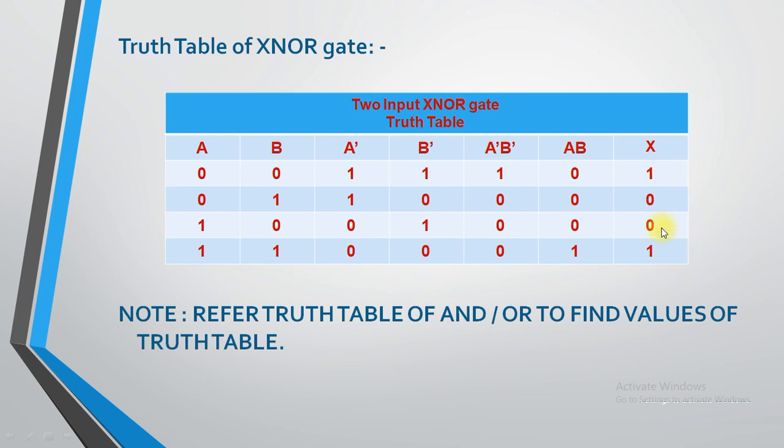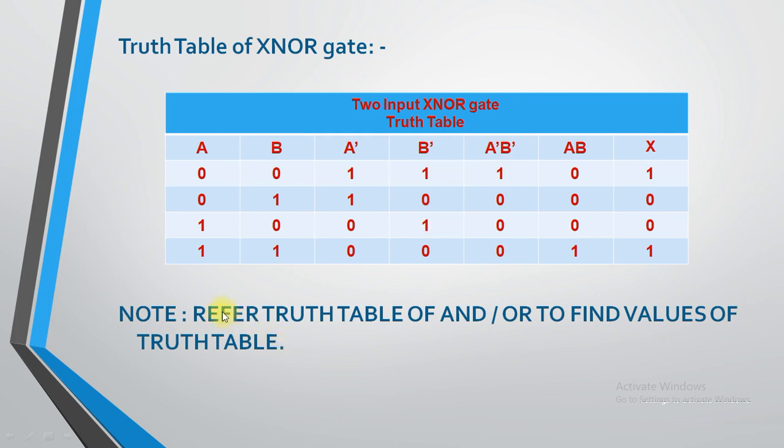Even if you don't understand whatever I am delivering in this lecture, you can refer to the truth table of AND and OR gate, and based on that you can check the possible combinations like A dash B dash. So 1 1 you need to check in the AND gate, 1 0 you need to check in the truth table of AND gate, 0 1, 0 0 this combination you need to check in the AND gate, and based on that you need to write in this particular column.